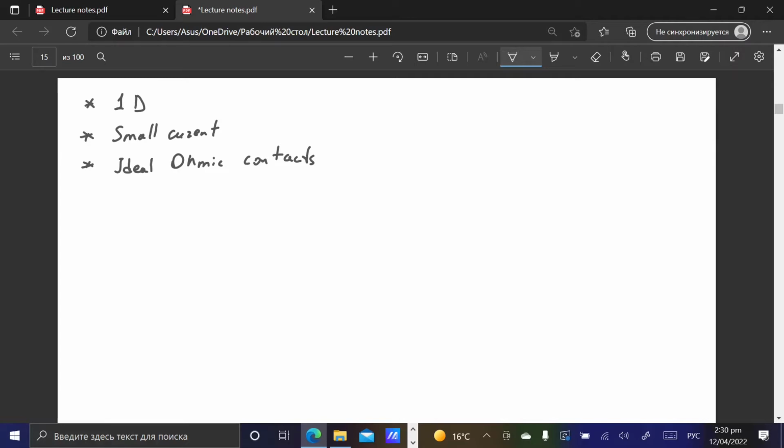And in this case, we can claim that all the external bias applied to the p-n junction, this potential difference, will drop exclusively over the depletion region, not any other parts of the p-n junction.